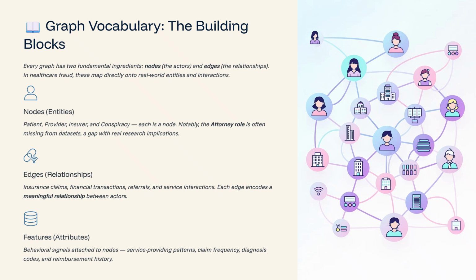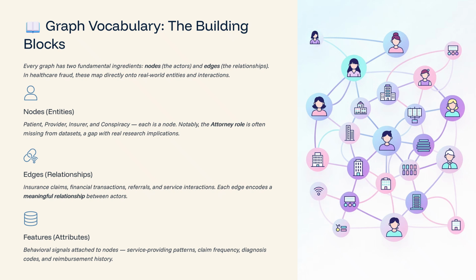Edges represent relationships between those entities. In healthcare, edges encode insurance claims being filed, financial transactions flowing between parties, referrals from one provider to another, and patterns of service interactions.